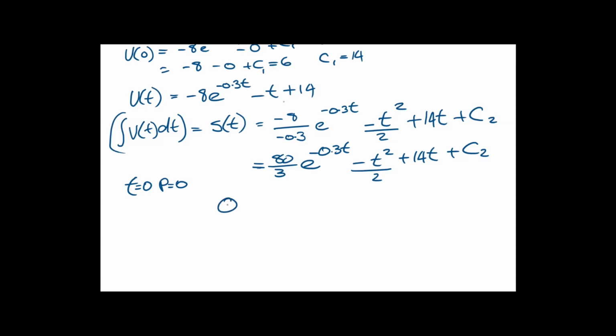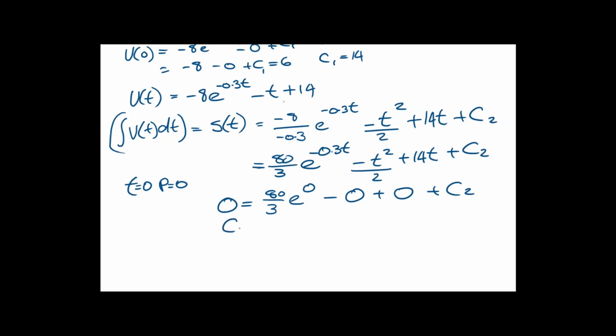So 0 is going to be equal to 80 over 3 e to the power of minus 0, minus 0 squared over 2, which is 0, plus 14 times 0, which is 0, plus c2. e to the 0 is 1, which is 80 over 3.